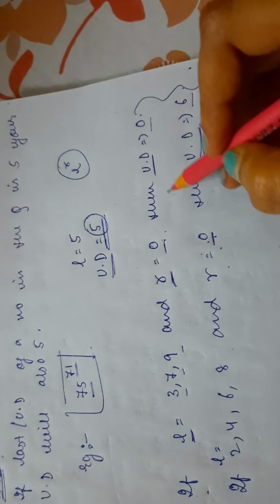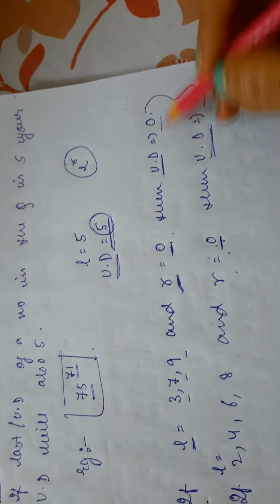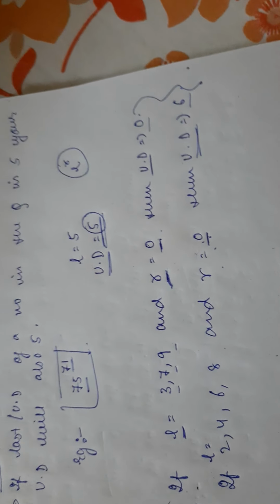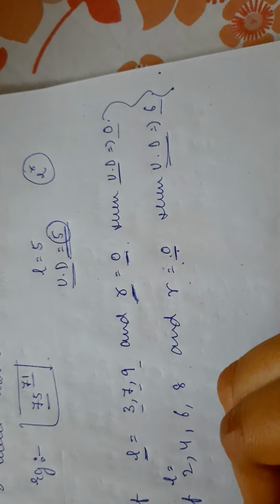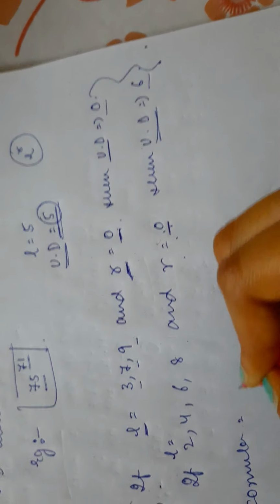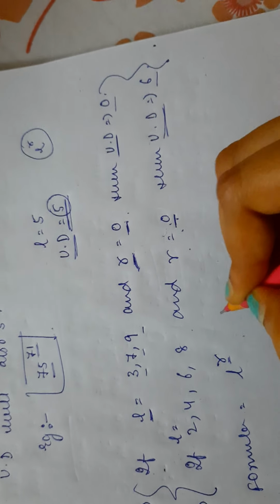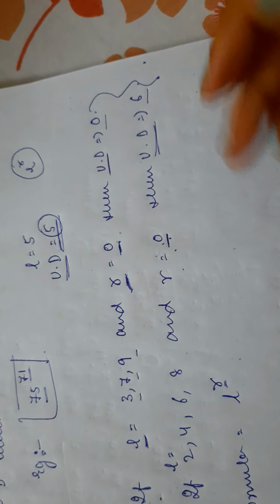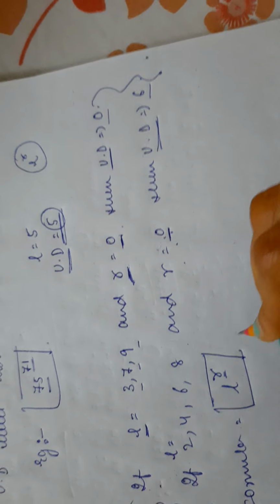Please do note, provided your remainder is 0, this unit digit keynote is applicable. Otherwise, if your remainder is not 0 and you are getting some value, then you will use the formula L to the power R.